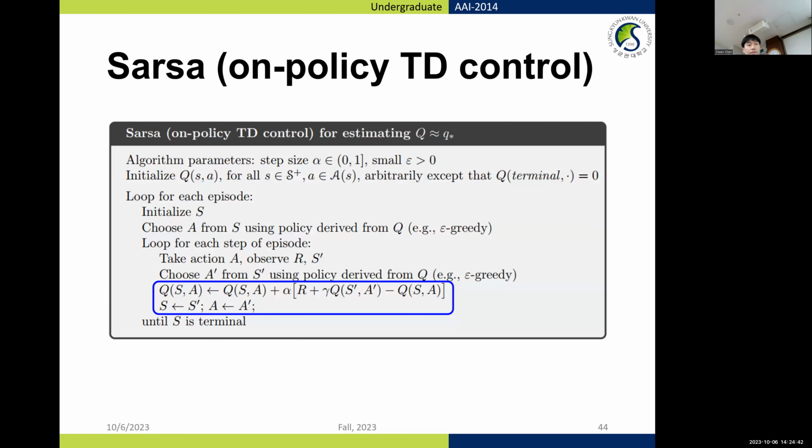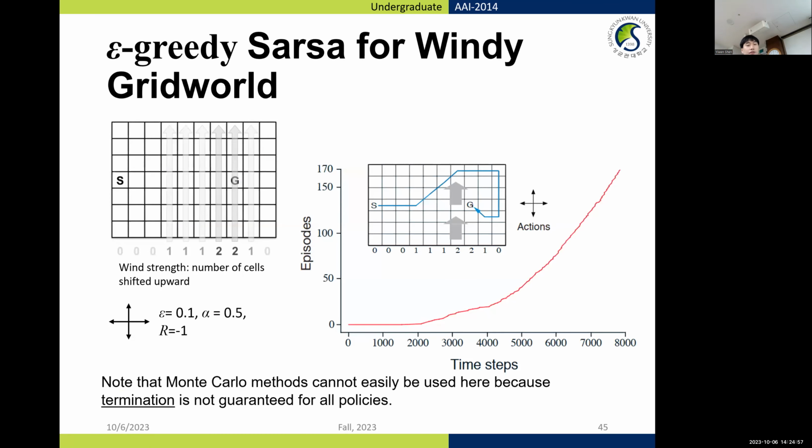Because here we choose A prime from S prime using the epsilon greedy policy, it is part of the greedy method.